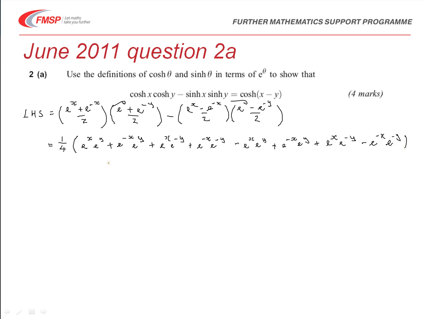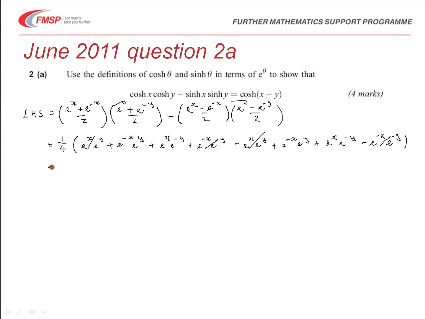And looking along that, there's a few terms will disappear, like the e to the x e to the y with the minus e to the x e to the y, and then the e to the minus x e to the minus y goes out with that one. So we're left with two lots of e to the x e to the minus y and two lots of e to the minus x e to the y.